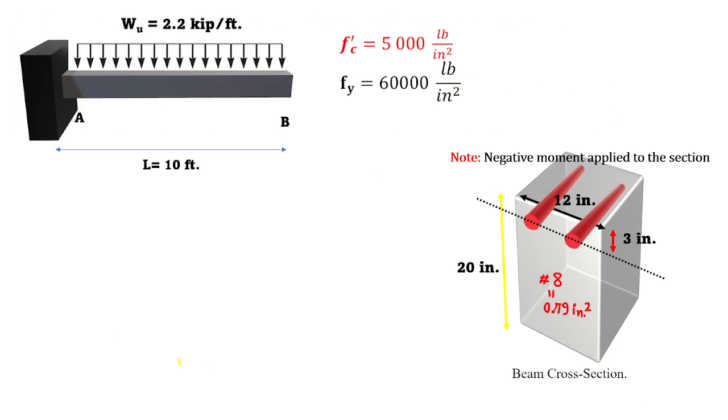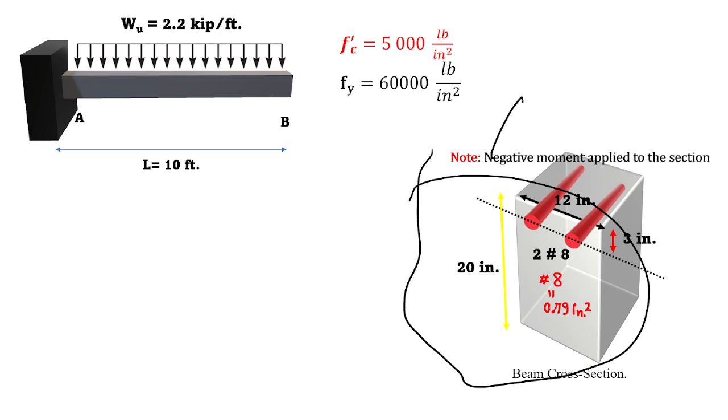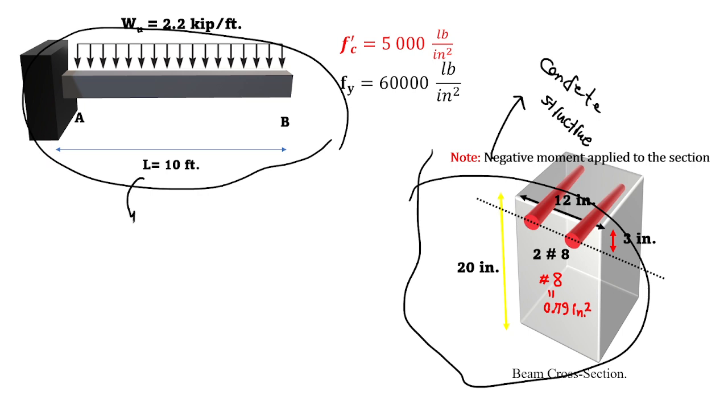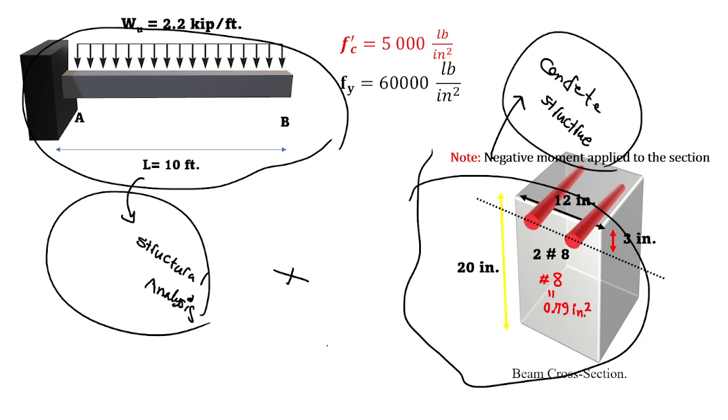Let's approach this problem. This is an interesting problem consisting of two parts. The first part is related to concrete structures, and the second part is a problem in structural analysis, and then we combine these two problems to get the final answer.